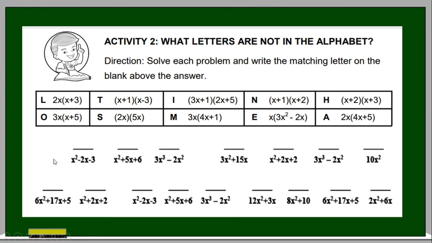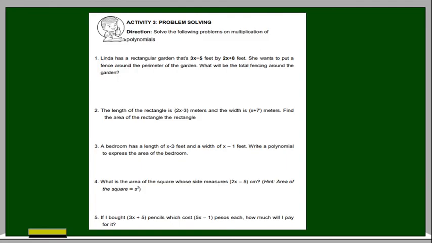So hanapin mo dito kung nasan banda dito yung 2x squared. Nandito siya, 2x squared. Kahit yung first term lang na makuha mo yung sagot, meron ka ng hint. Okay? And then we have 2x times 3, and that is 6x. So dito mo ilalagay yung letter L. Okay? Corresponding letters lang ang ilalagay natin dito sa mga blank. Naintindihan?